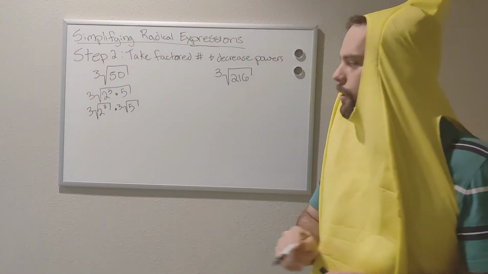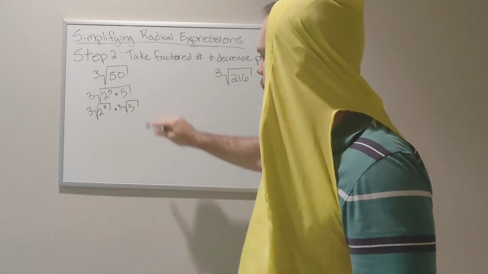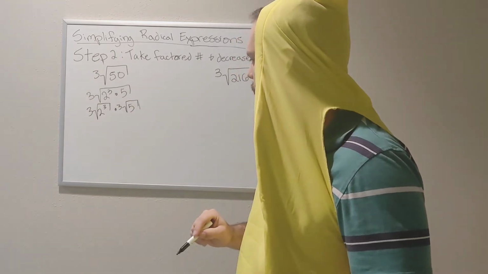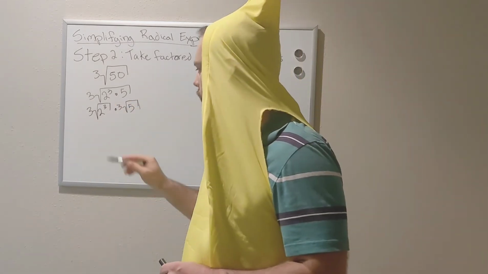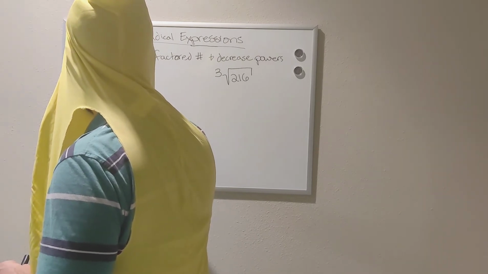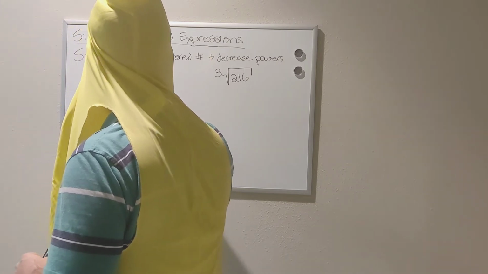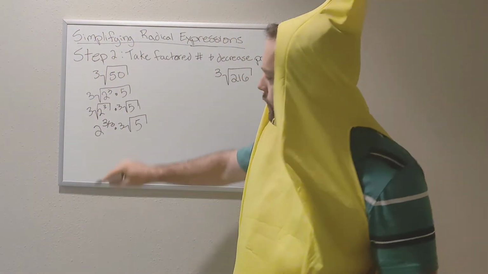Now we want to remember what the cube root does. It takes any exponent and reduces it by a third. Here we're not going to get any simplification, of course, but here we will. We can write this as 2 to the 3 over 3 times the cube root of 5. 3 over 3 is, of course, 1.